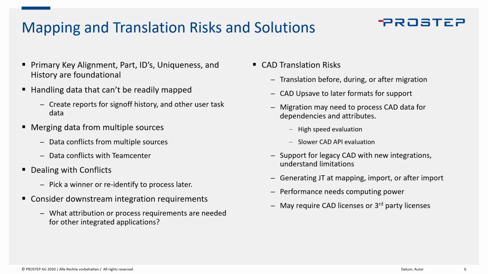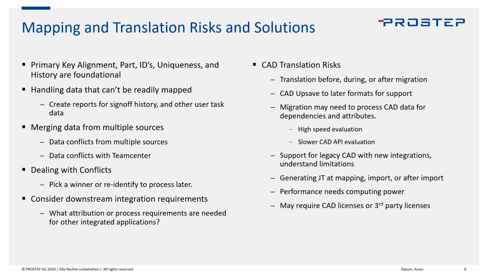So, if there is data you need to carry over, like those change, sign-off history or things like that, we can create those reports from the data that's within the source database as part of the migration process, and then process that there, right? If you're merging data, make sure that you understand data conflicts between the different sources as well as the target.